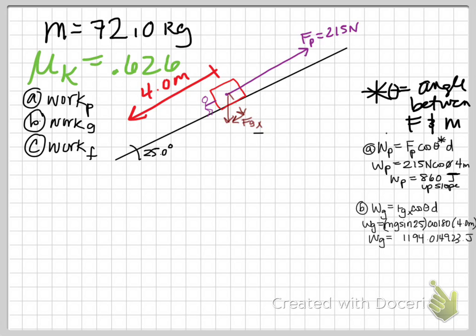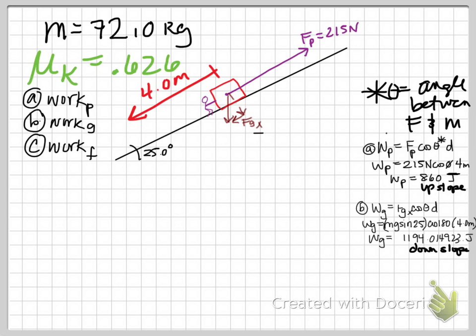Yeah, we should, and I'm going to get rid of the signs on this, and now I'm going to say that the work being done by the pusher is still upslope, but the work being done by gravity is downslope. So I'm going to lose that negative, and I'm just going to talk about up and down slope. Since we know that the work being done by gravity is greater than that being done by the pusher, and therefore the motion is going to be downslope, where's the frictional force?